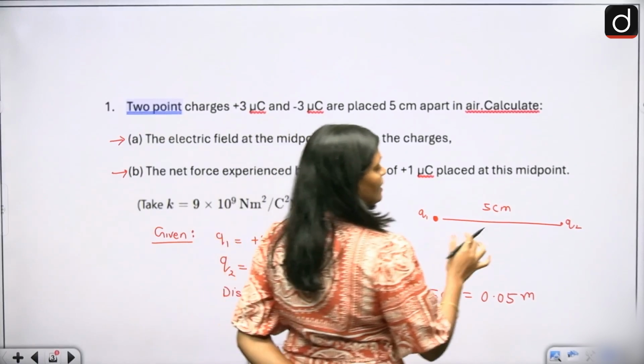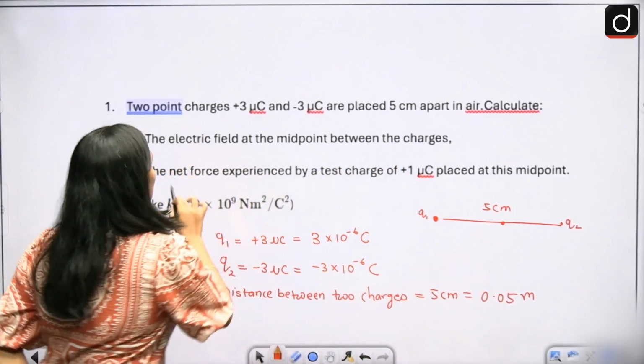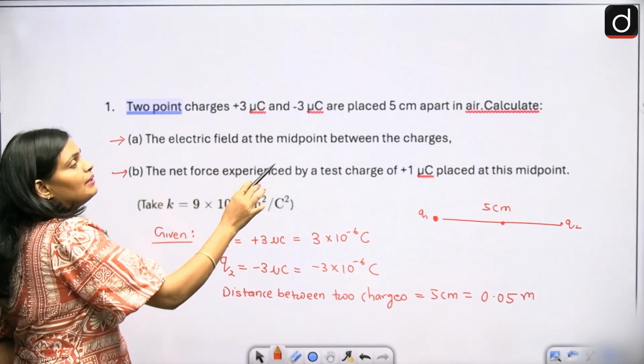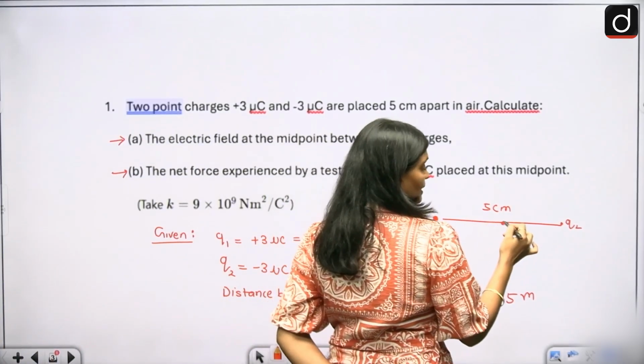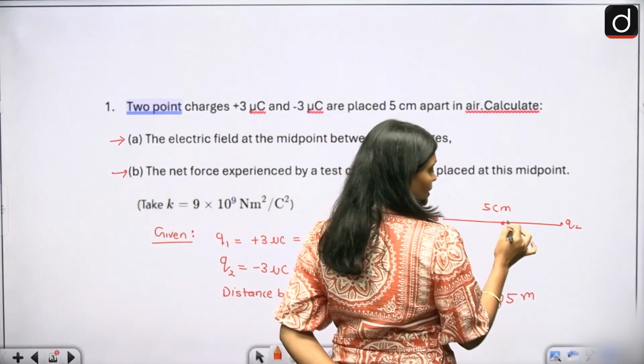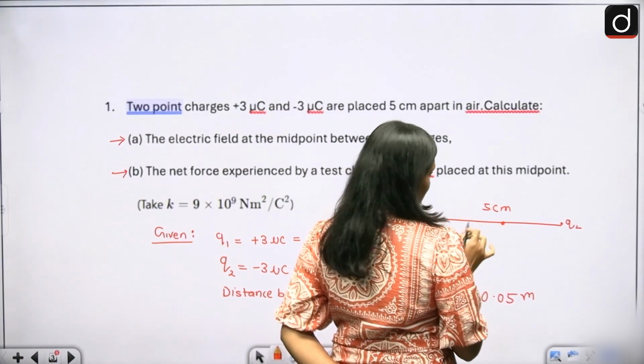Now we have to calculate the electric field at the midpoint between the charges. Here is the midpoint, and the whole length is 5 centimeter.